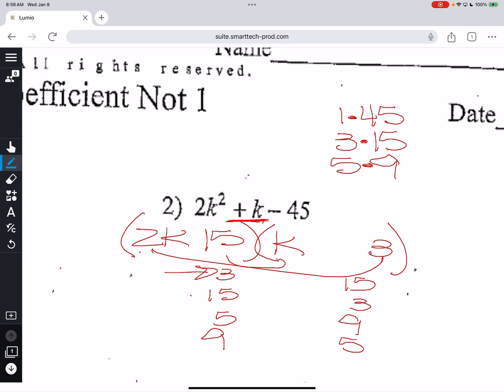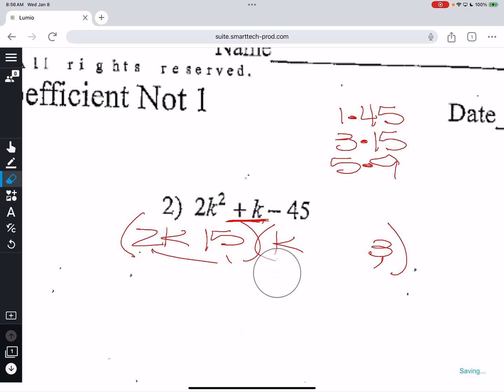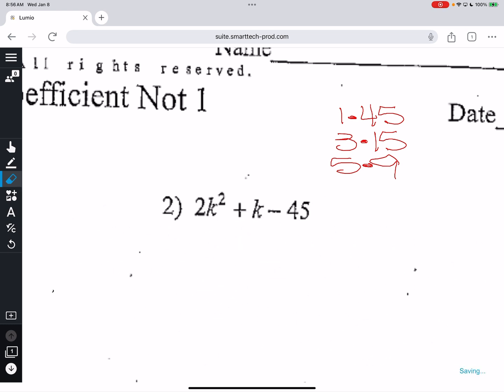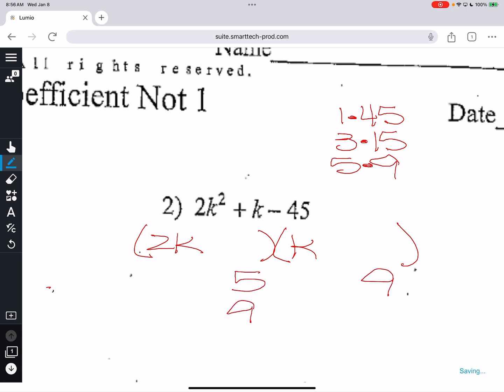All right. So we have agreed that it's not 15 and 3. 5 and 9. But what are the signs? All right, hold on. Let me rewrite. So we're going to have 2K, and we're going to have a K, and we're going with 5 and 9. They both fit because neither of them are even.